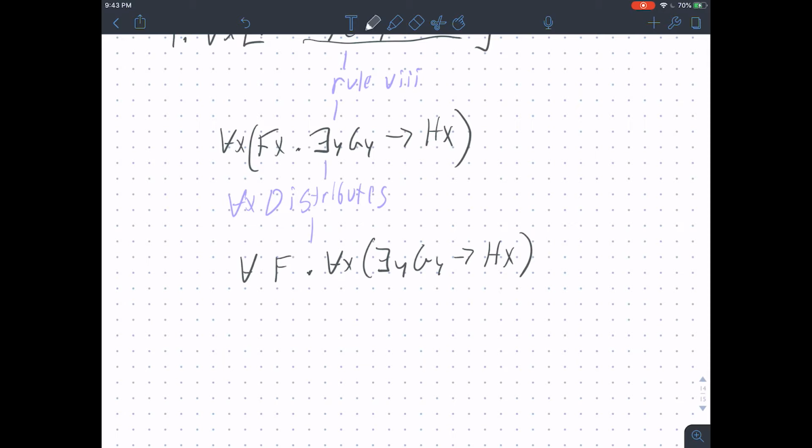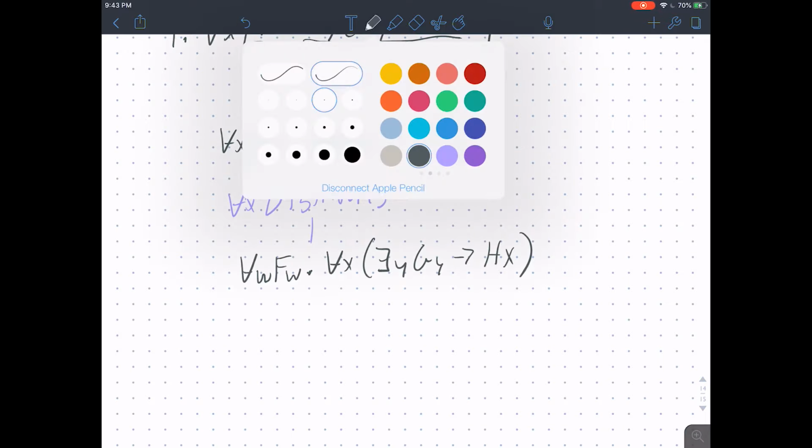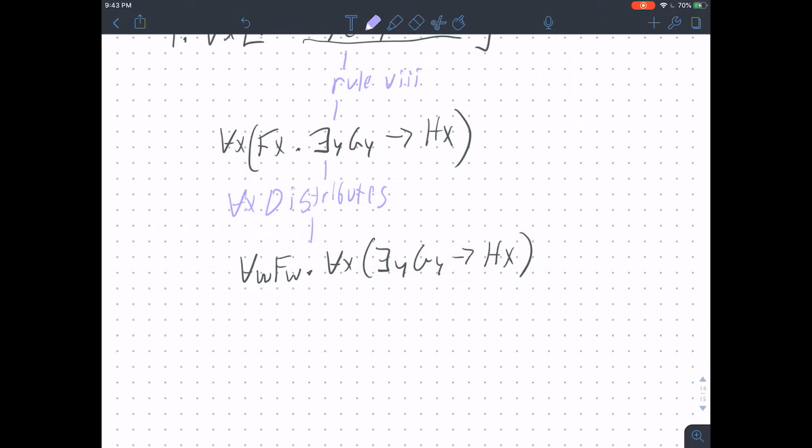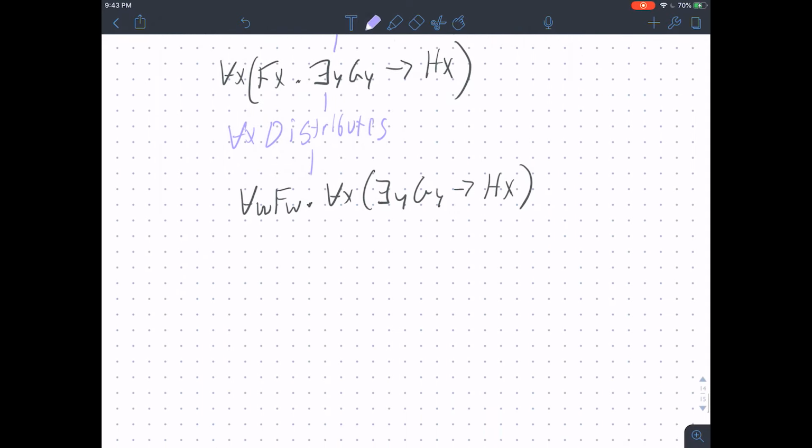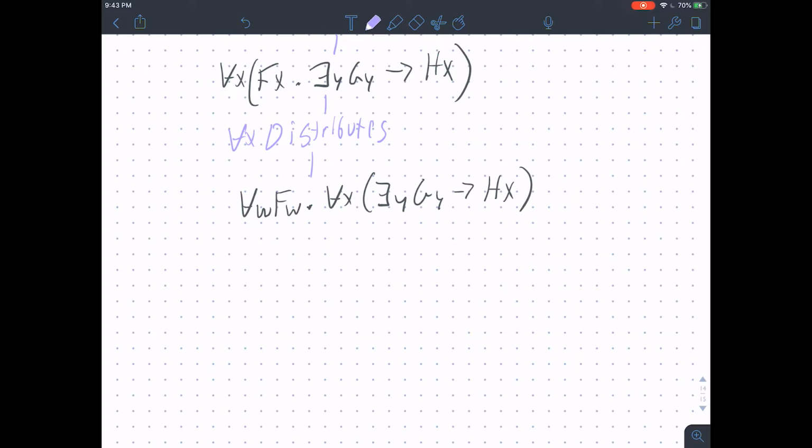We don't actually have to do this here, but it's just not good to have quantifiers on the same line that have the same variables, right? You didn't need to do that here, but you would if you were going in the other direction, right? So, okay, this is looking a little better.